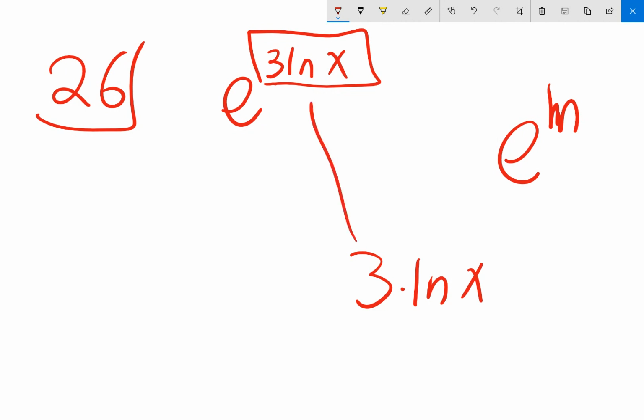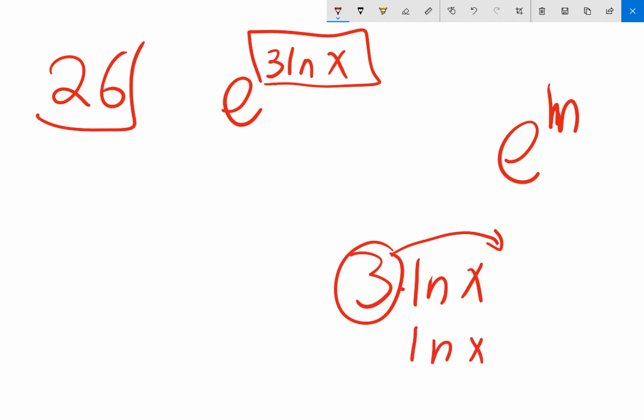Whenever you have a number being multiplied to the front of a log, it got there somehow, and you need to remember this because I'm going to say it over and over again: the number that's being multiplied to the log always originally came from the exponent spot. So this used to be the natural log of x to the third power, but that 3 got moved to the front. We're going to move that 3 back up into the exponent place.